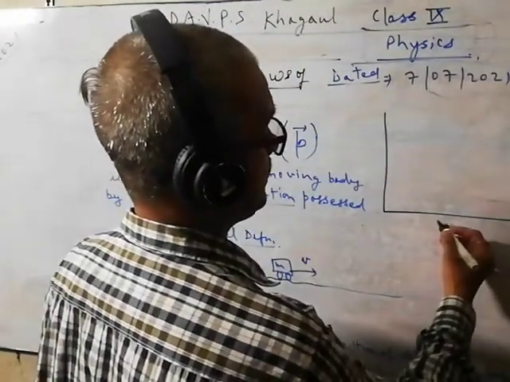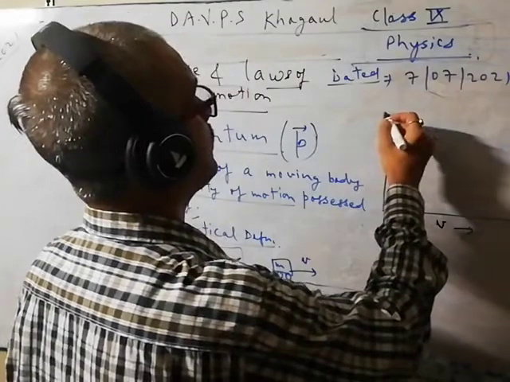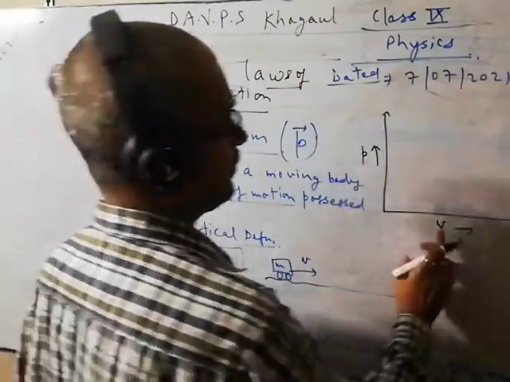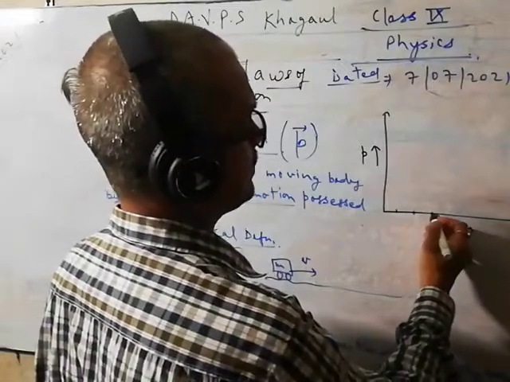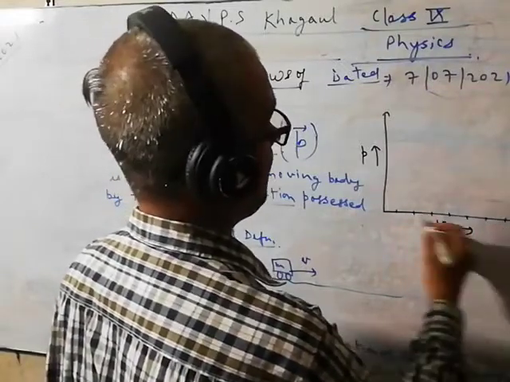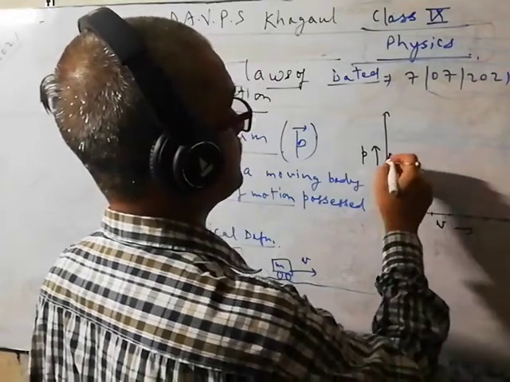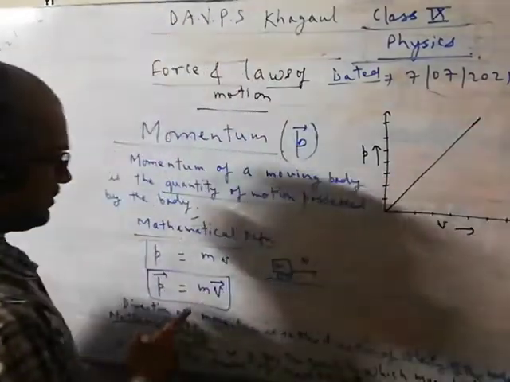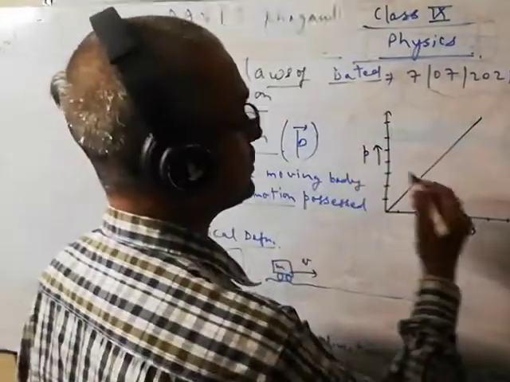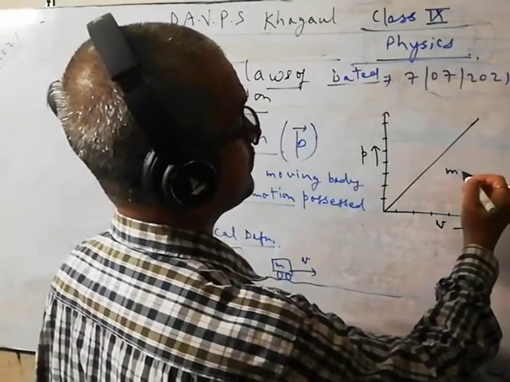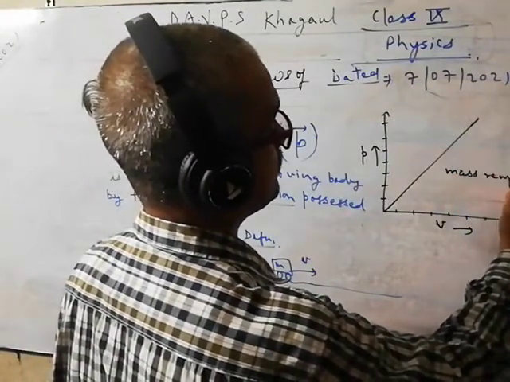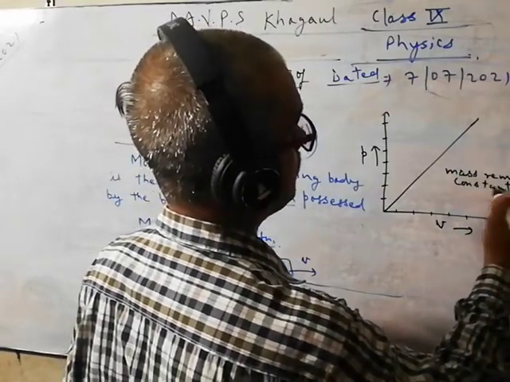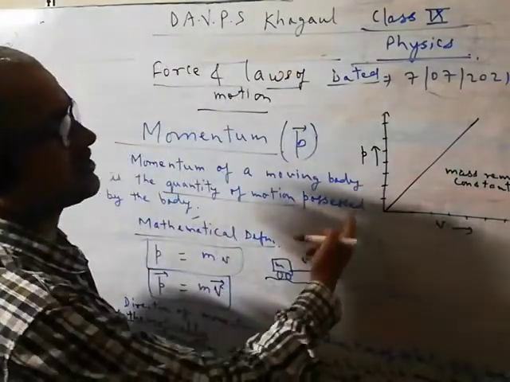If on the x-axis you put velocity and on the y-axis you put momentum, then when velocity increases, momentum also increases. Here mass remains constant in this graph.